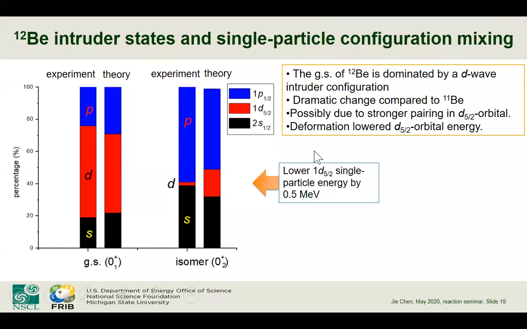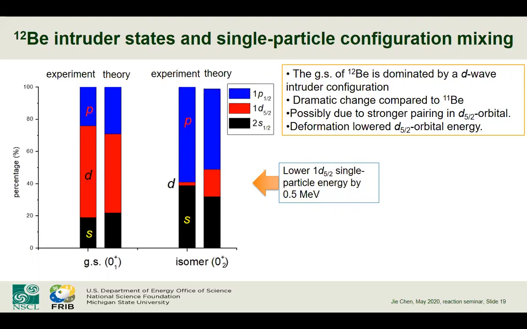So we can say that from our result, the ground state of beryllium-12 is dominated by the d-wave intruder configuration. This is a dramatic change compared to beryllium-11, where the ground state is dominated by the s-wave configuration.